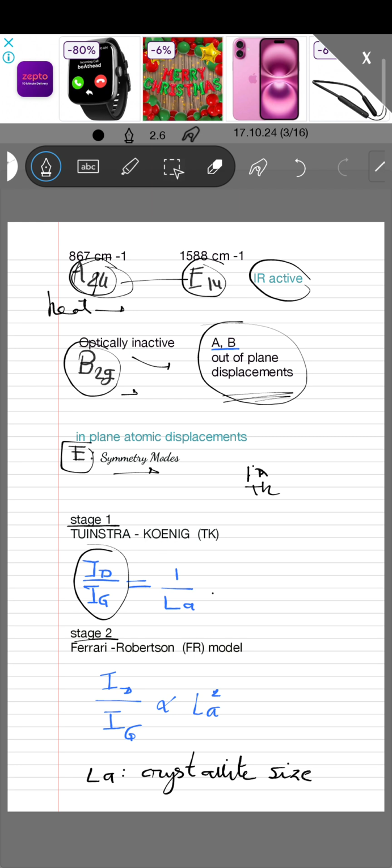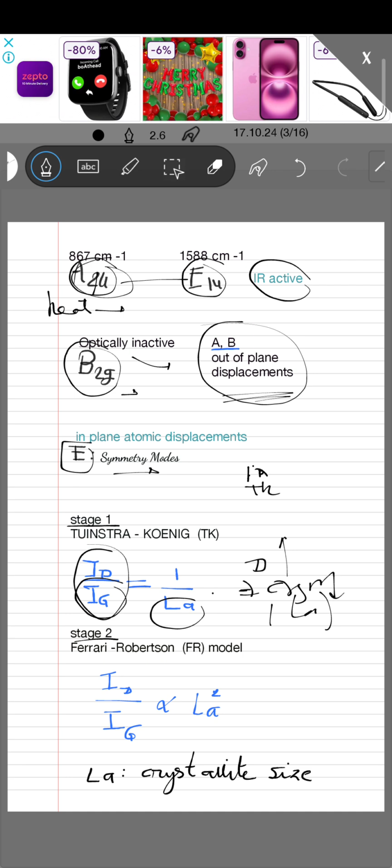That means if there is an increase in the intensity of D, it will automatically indicate that the crystallite size is going down, that is, LA is going down. However, in the same way, if the IG values grow up, that is, the graphitic intensity grows up, then it will be represented by an increase in crystallite size.